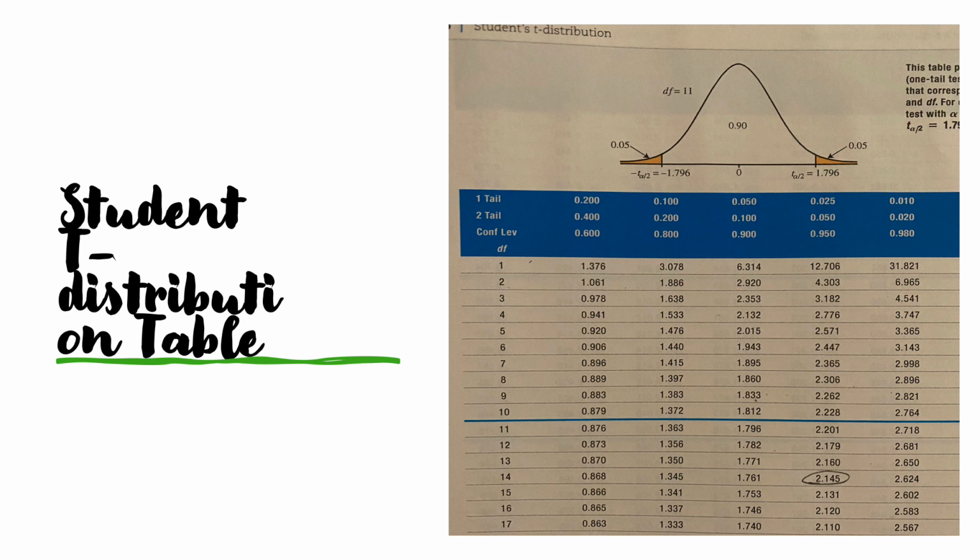And then we move across to the column where we have our 1 tail 0.025 and our 2 tail 0.05 and our confidence level 0.95. That would give us our t-score of 2.145 because we're looking for 14 degrees of freedom and we're looking for a 5% difference 2 tail and a 0.025 difference 1 tail.